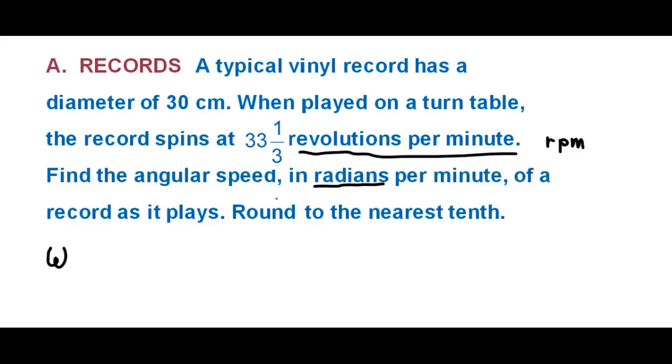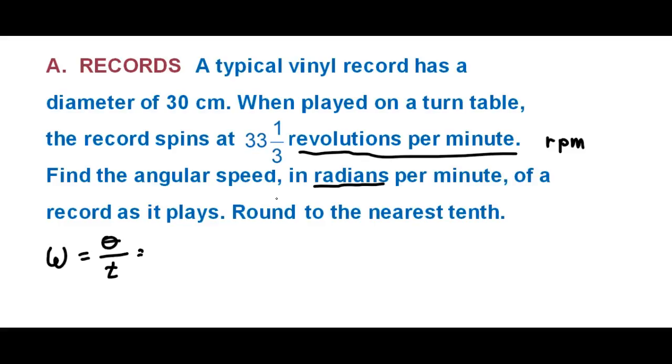So we need to figure out how many radians this record spins in a matter of time. So the formula for angular speed is essentially theta, or the angle that's traveled, in the unit of time, t.